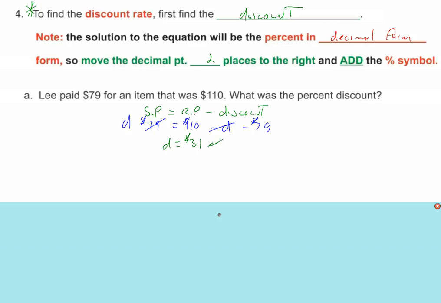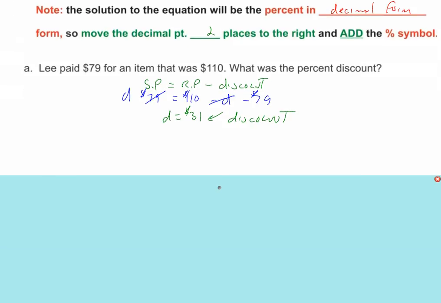This is our discount. Now, it didn't ask for the discount, so I'm not going to circle it. Does that make sense? But I needed it because that's how I get the discount rate, by first knowing the discount. Because what formula am I using? So this is first, and this is now.